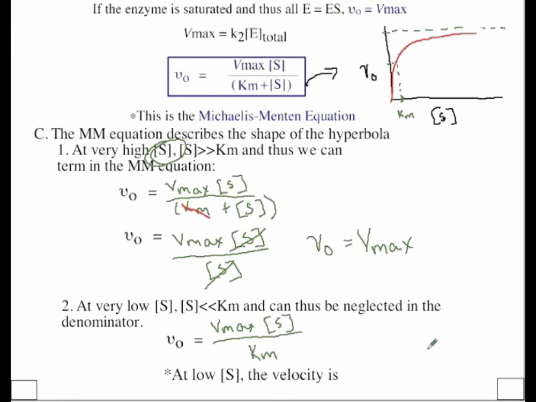At these very low substrate concentrations, initial velocity becomes a linear function of substrate concentration. Y equals mx plus b, right? So it becomes a linear function described by a slope of Vmax over Km. So this is the slope.